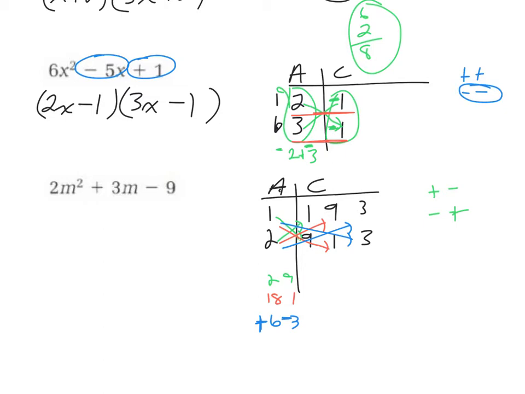So that means the negative is going to have to be with the negative 3, and the positive is going to have to be the positive 6. Going back to our AC chart, 2 times that would give me my positive 6, and this would be my negative 3.